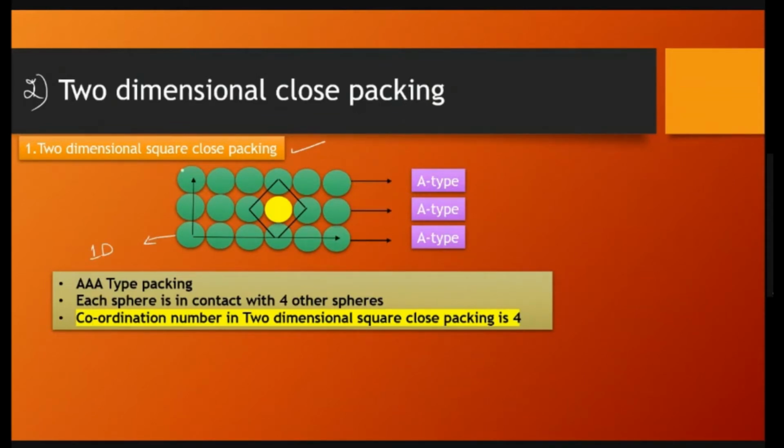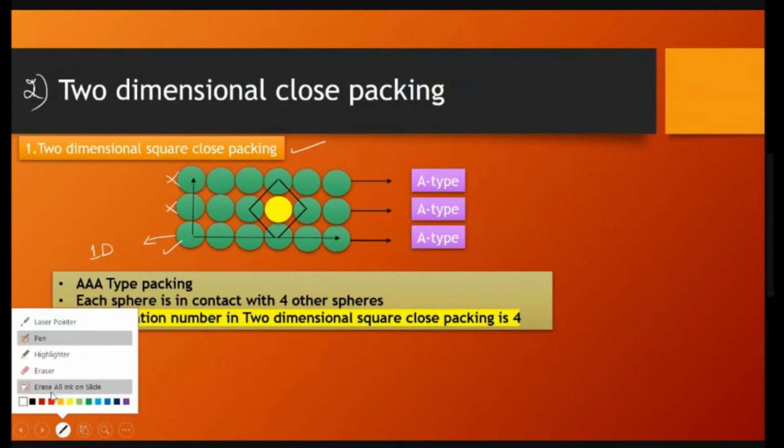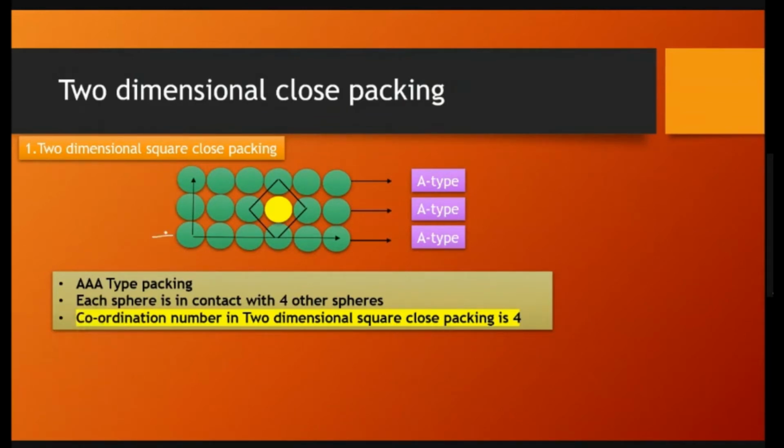If I forget these two layers, if I take the first layer, it exactly looks like a one-dimensional close packing, right? So I'll take this one-dimensional close packing as my first layer.